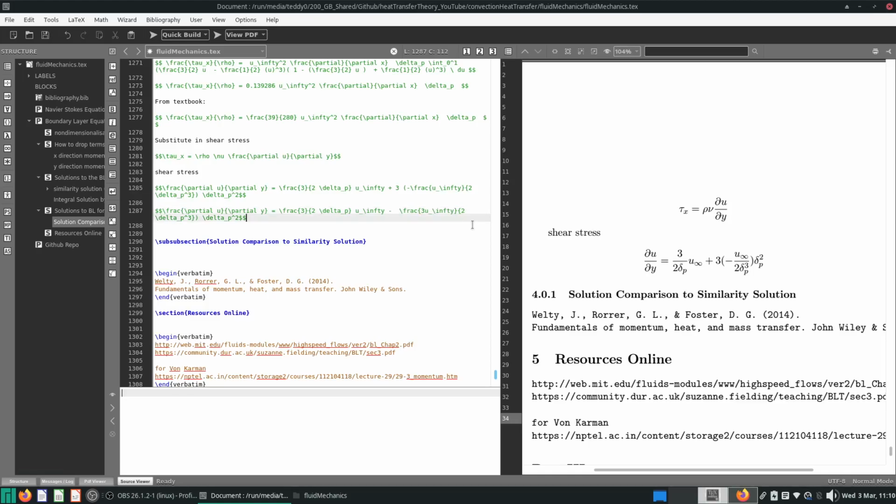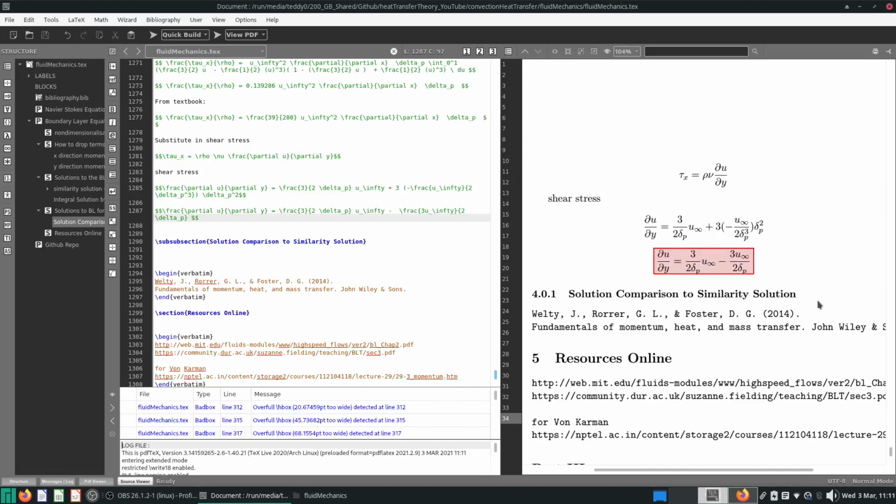Delta p will be at the bottom, and we'll cancel out that delta p squared, and that's what you have. Okay, so oh wait, isn't this just 0?